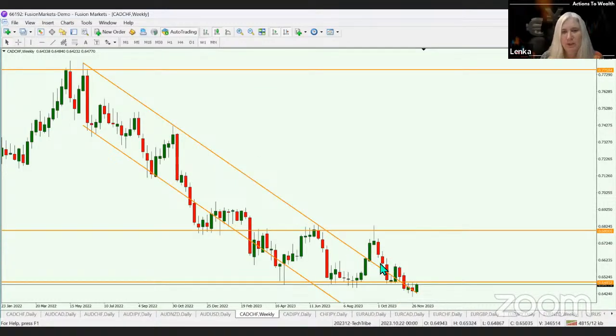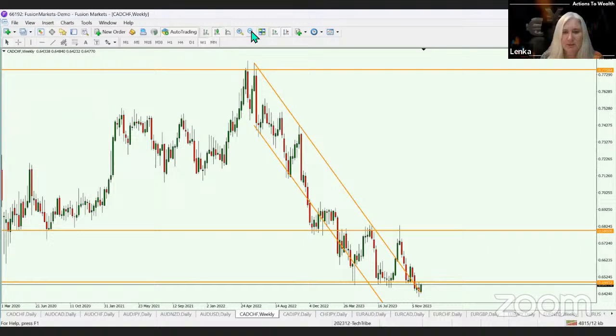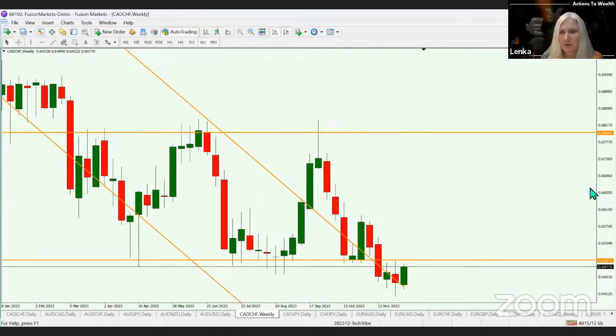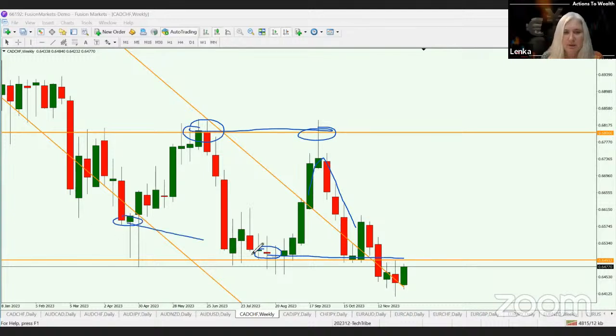Let's see, on the weekly, we're currently in a bit of a range. What do we have here? We're still in the downtrend. Price tried to break higher, but did not. We did create a double top, and we did have price close below. So we had a lower low, and now also below that.